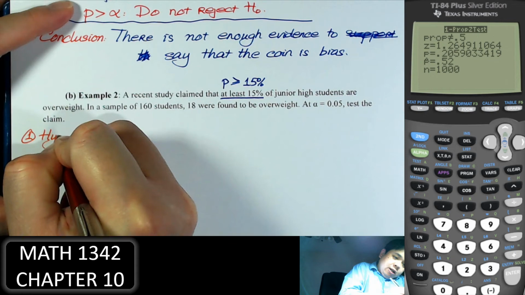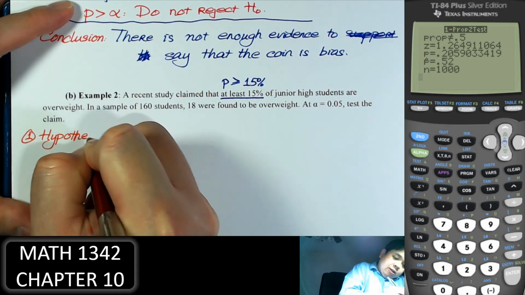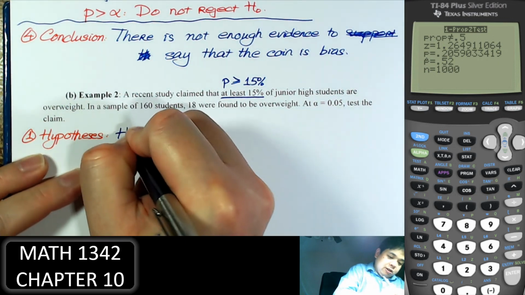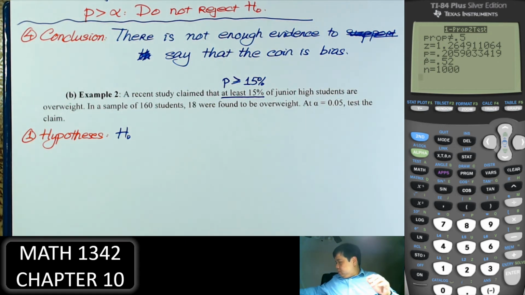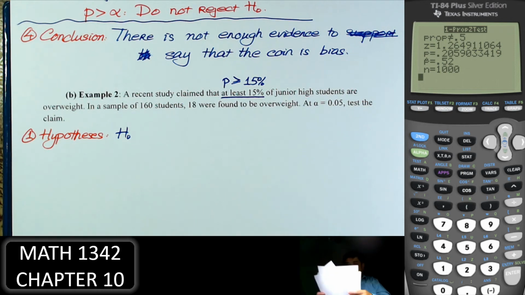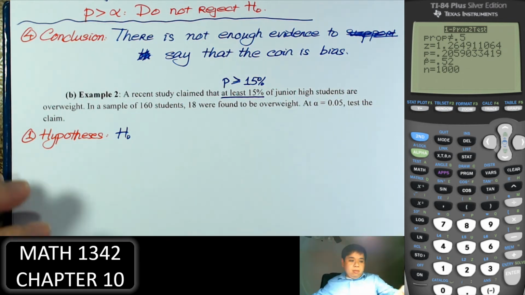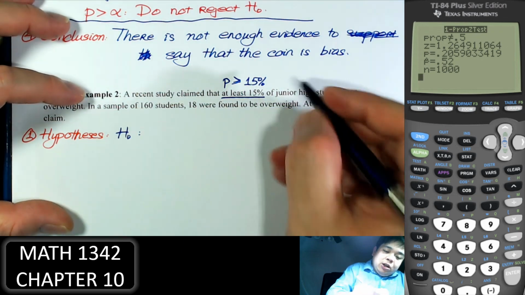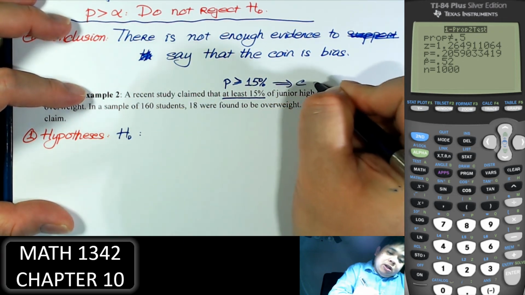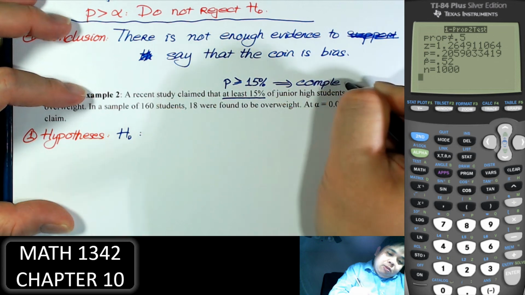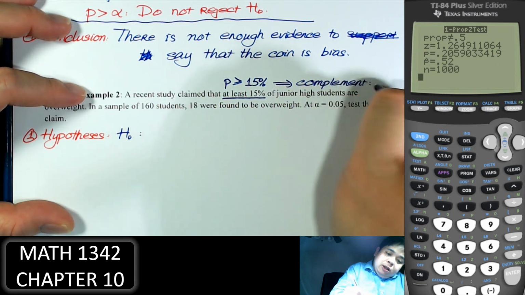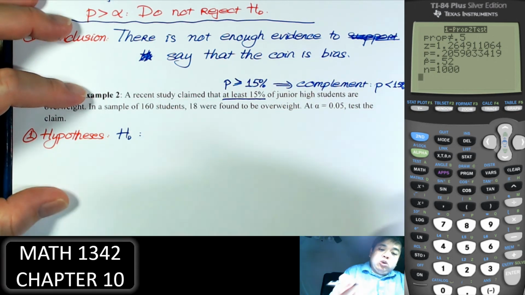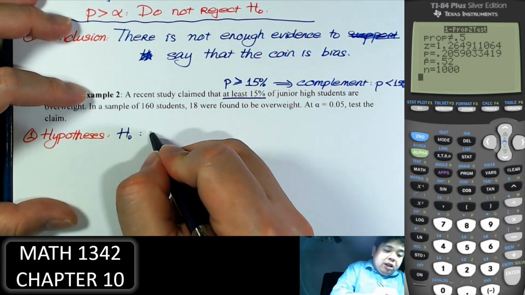So first, the hypothesis. H naught has the equal sign, so we have to write the complement, which is less than, and we have to choose whatever doesn't have the equal sign.